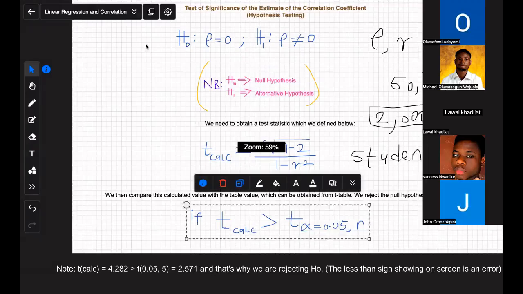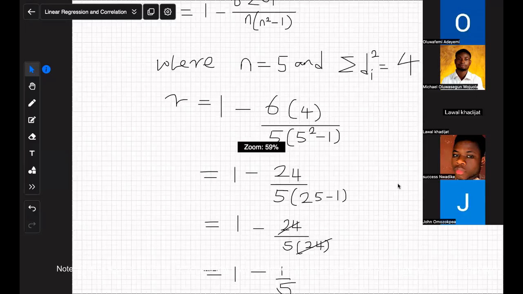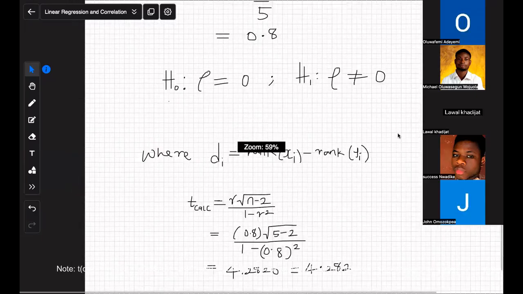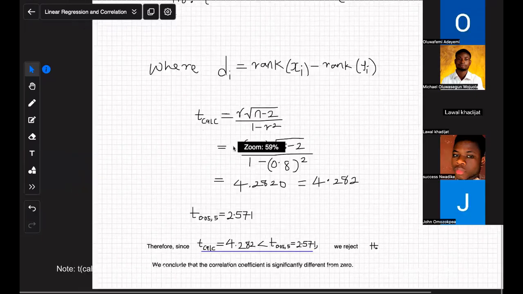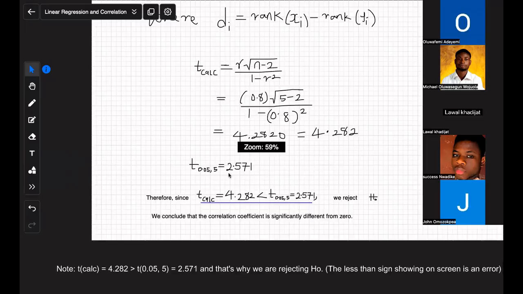In the case of the Spearman correlation coefficient, it is greater than the table value. What we calculated for the t statistic here is greater than the table value, which is 2.571.